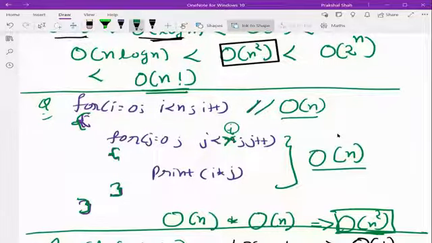Can anyone tell me? Can anyone want to add here? What could be the case here? This is pretty much clear that it will run for n times, right? This will run for how many times? And we also saw in the output, right? Let me show you that also. We also showed that in the output window.